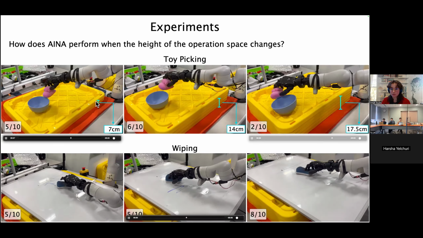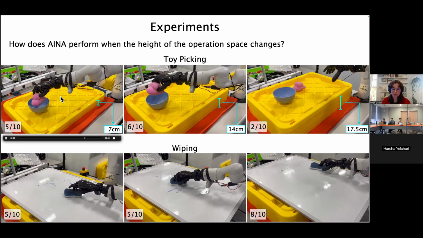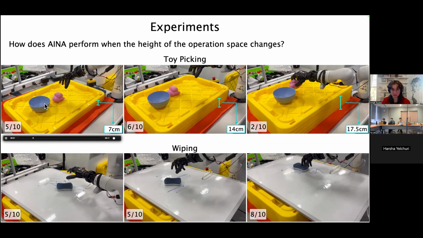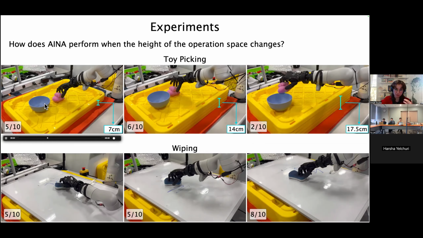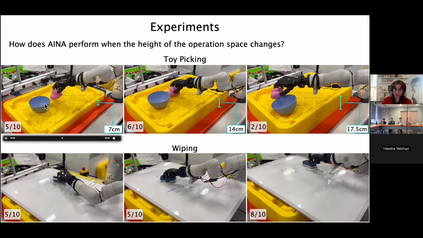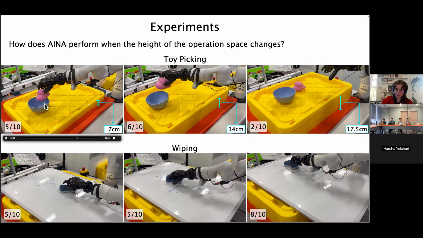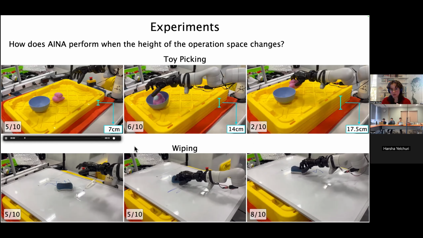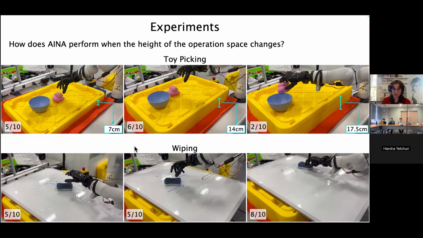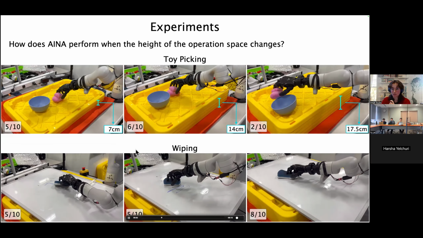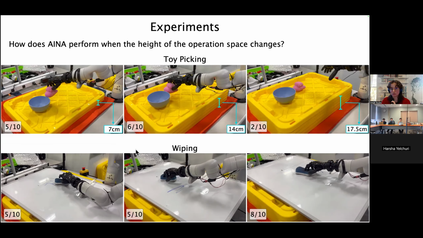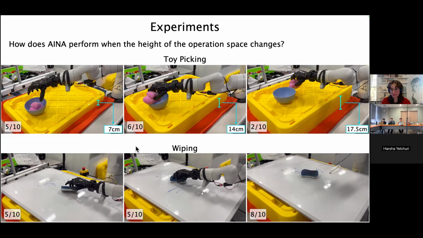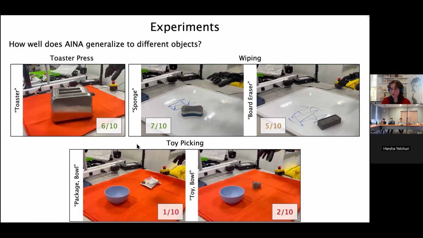What we do here is collect a new demonstration for each of these different heights, and then retrain the whole thing. Whatever we were doing for the regular in-domain case, we just collect one more in-scene demonstration, and because everything is domain-aligned with that in-scene demonstration, it's easy to use different operation heights as well. That was the point of this experiment.